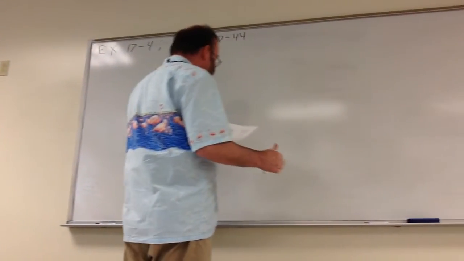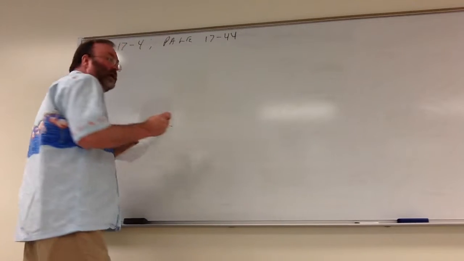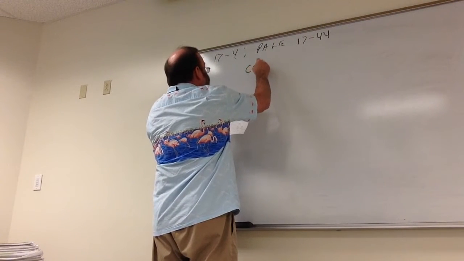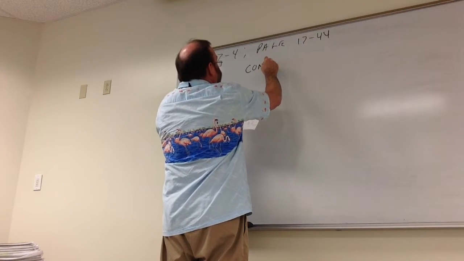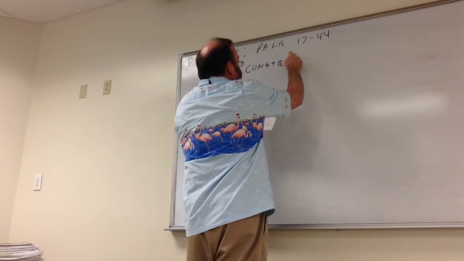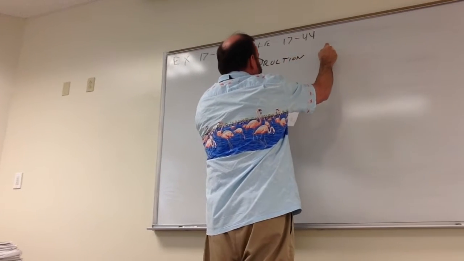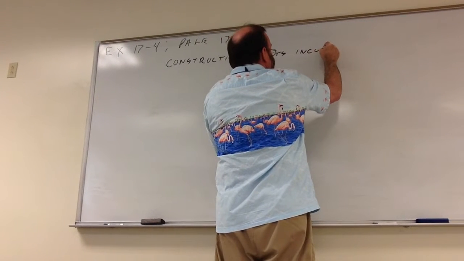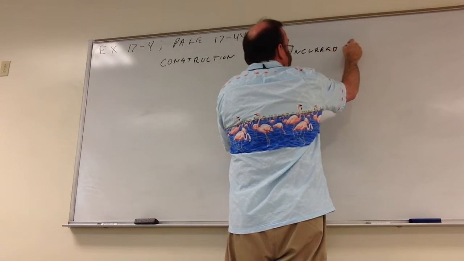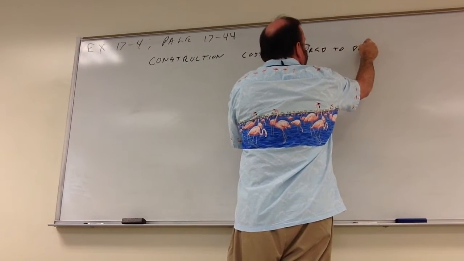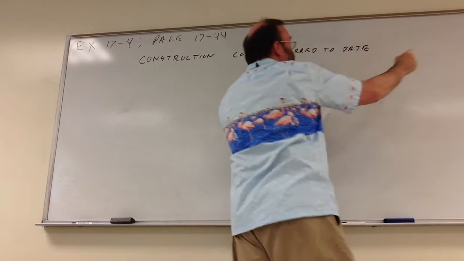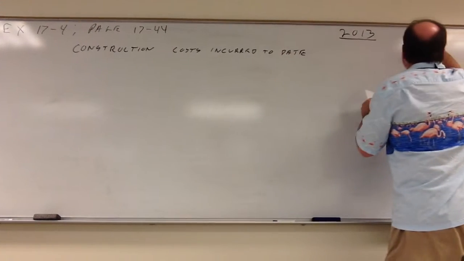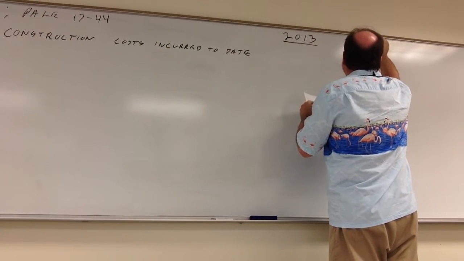So to do problems across the board such as this, we need to construct a table. The table starts with construction cost incurred to date. And then for this problem, we're going to have 2013 and 2014.